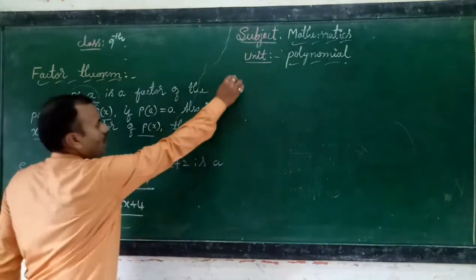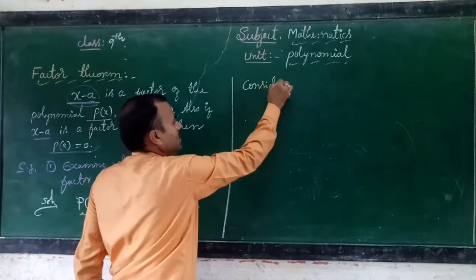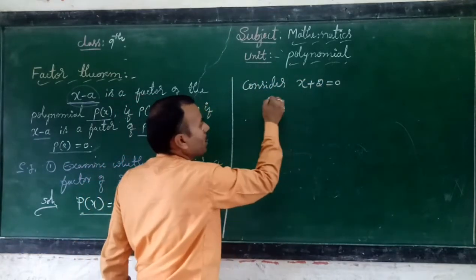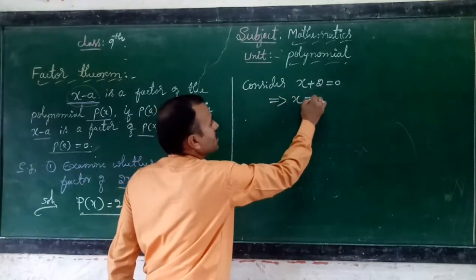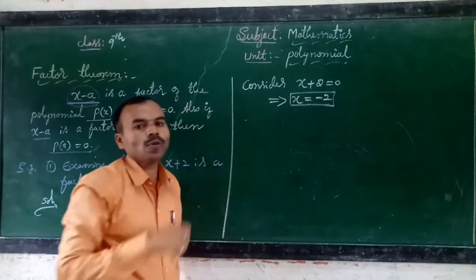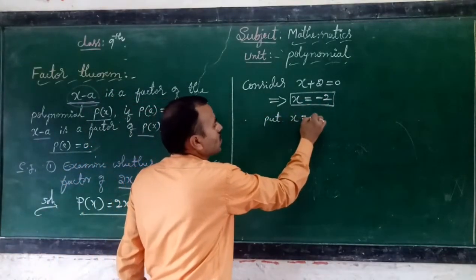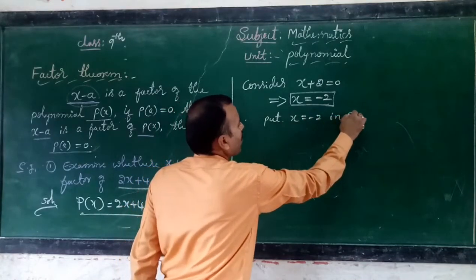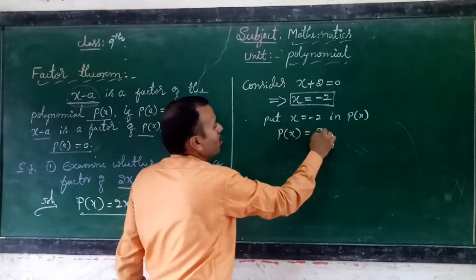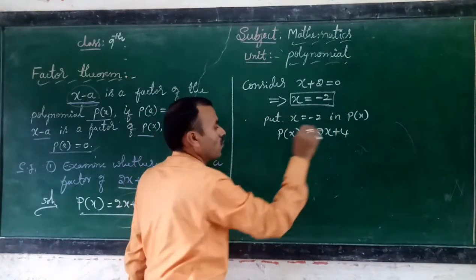And now consider x plus 2 is equal to 0. It implies x is equal to minus 2. And we put x is equal to minus 2 in p of x. P of x is the polynomial in variable x, that is 2x plus 4.